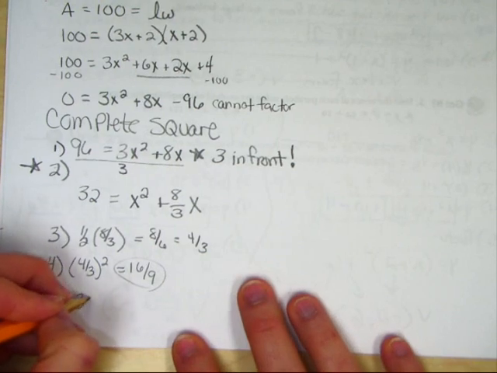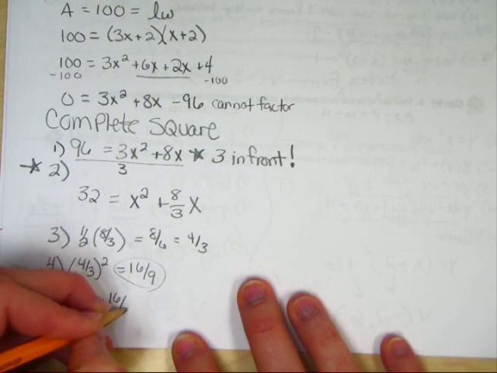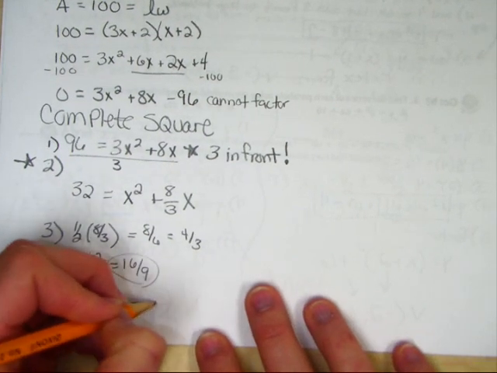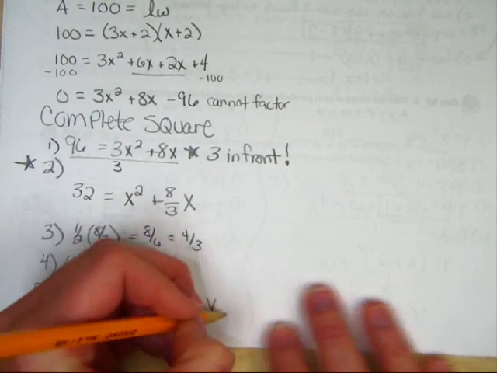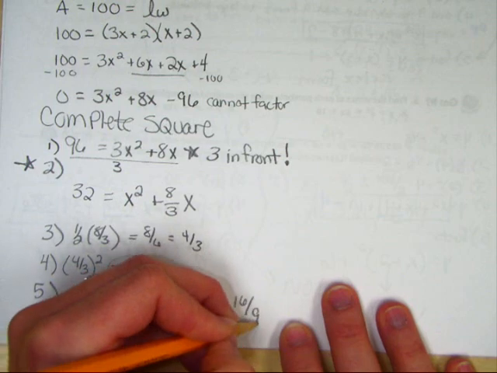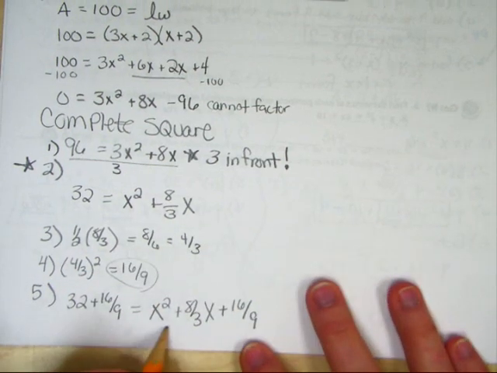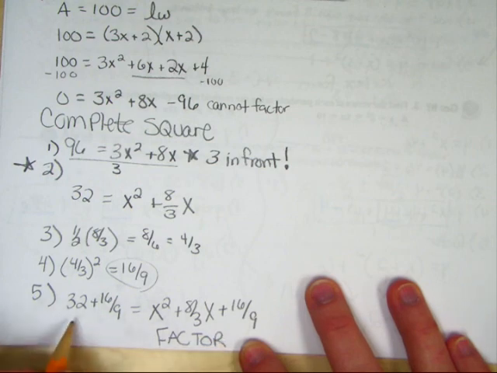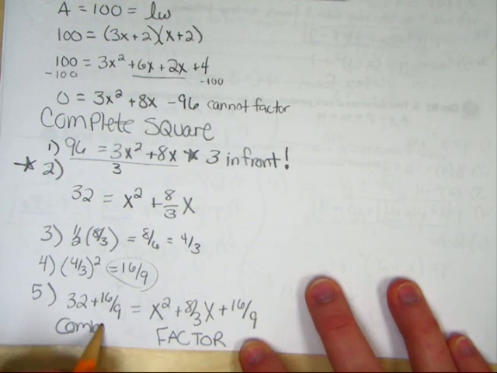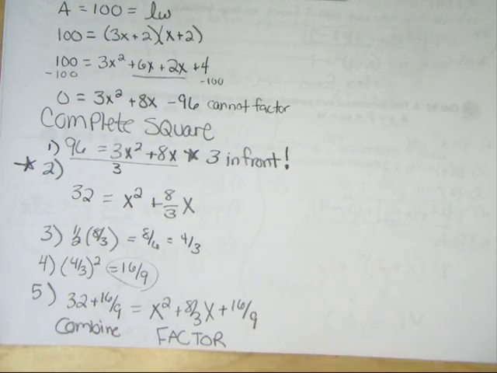So you do 32 plus 16 over 9, and that equals x squared plus 8 over 3x plus 16 over 9. This side gets factored. This side, you need to combine your like terms. You have to know how to work with fractions.